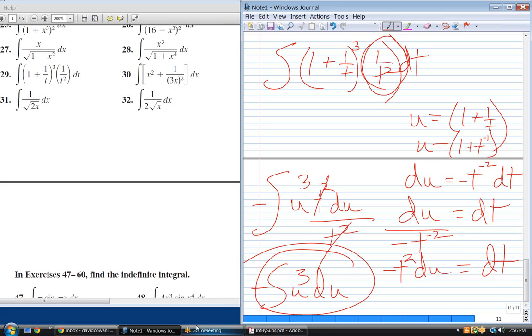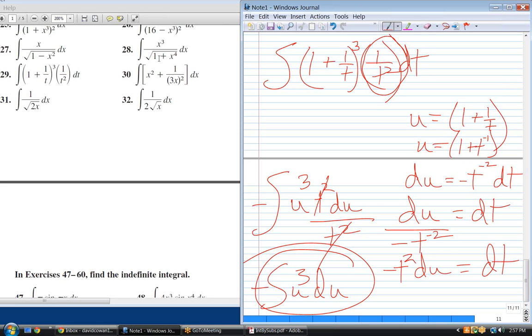So most of the time we're looking for the thing we need to get rid of in the numerator. In other words, on problem 28, the inconvenient variable is x cubed. That's what I need to get rid of. Well, the derivative of u is going to be 4x cubed.